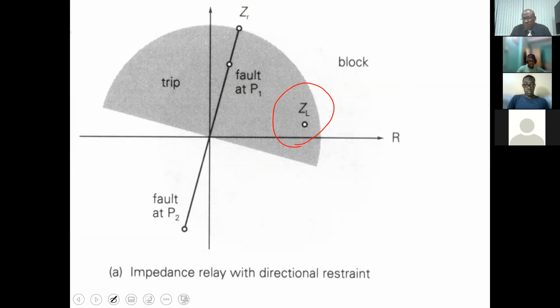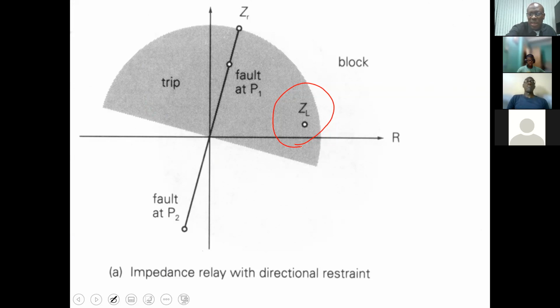That's the load impedance. Now, when we compare the load to your transmission line, it may have more resistance than inductance. And so it falls into the characteristic of the relay.